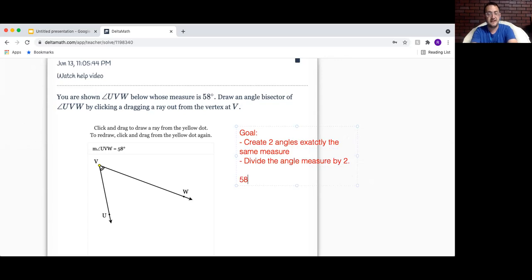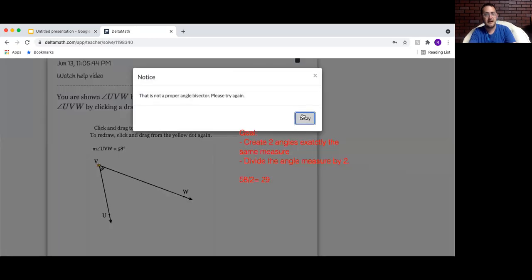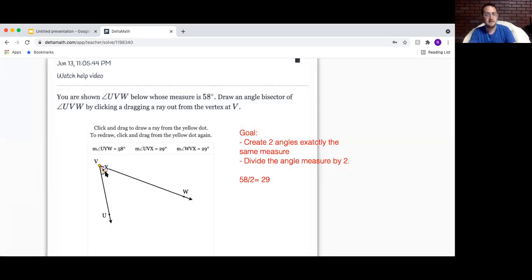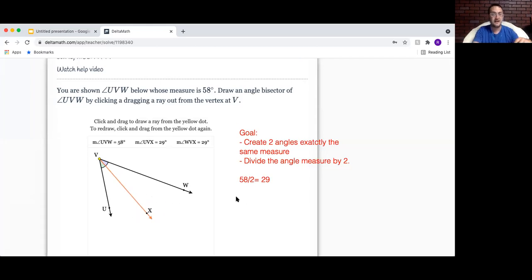So I could say that 58 divided by 2 is equal to, it's been a long day, 29. So I want my angles to be 29. I'm actually just going to take this dot and drag out from the vertex. The first angle says 35, and I'm going to try to get it so that it is 29. And right there, it is 29.